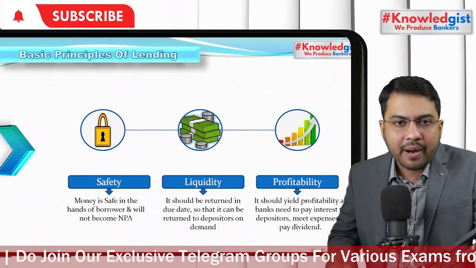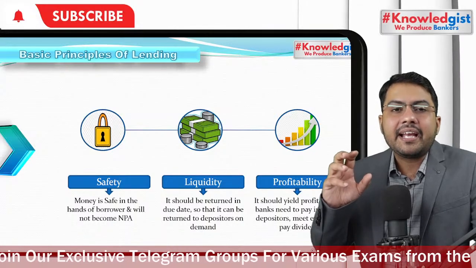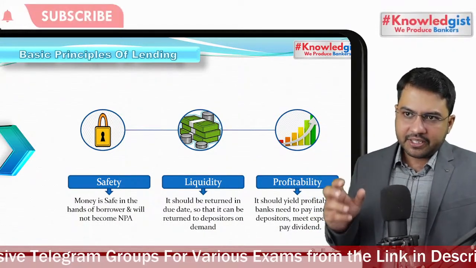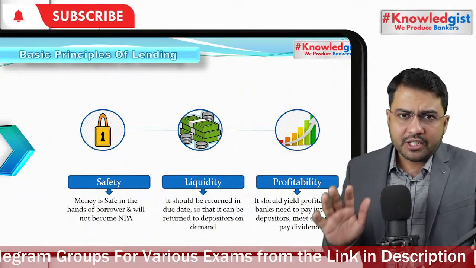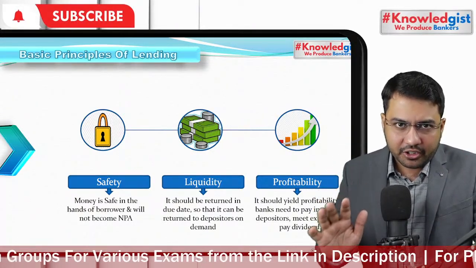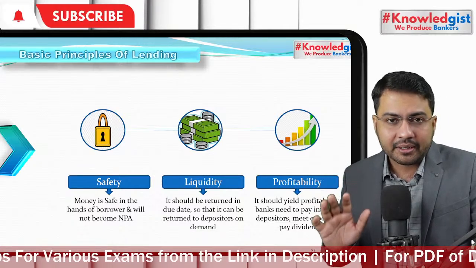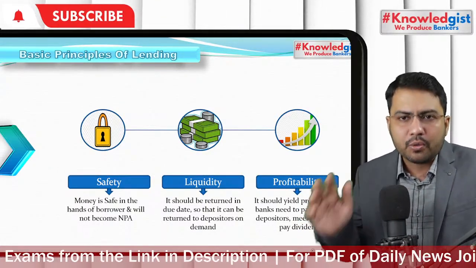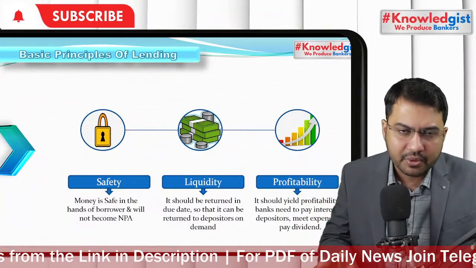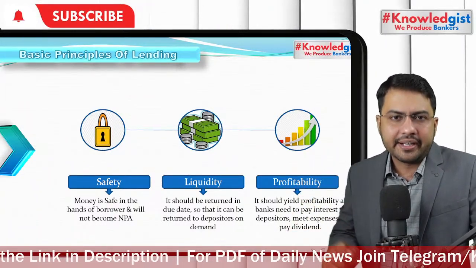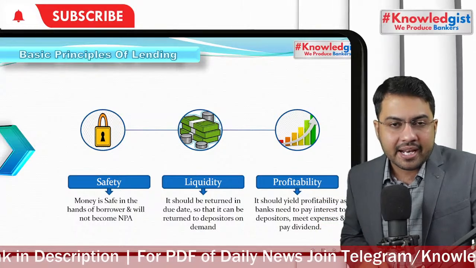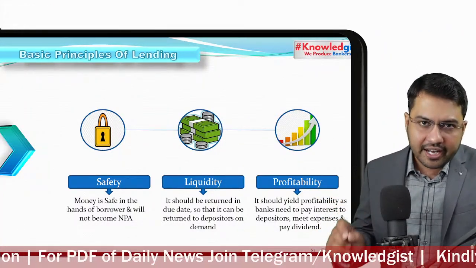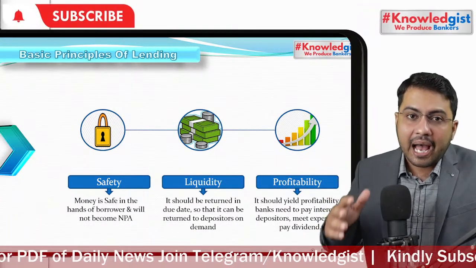Safety, where you find the safety part, is the intent of the customer, right? That means whether the customer is willing to pay you back or not. If he has the intention, whether or not he has all the capability to pay, he will borrow from some other sources and repay you. But liquidity management will suffer if the customer does not have the ability to pay.